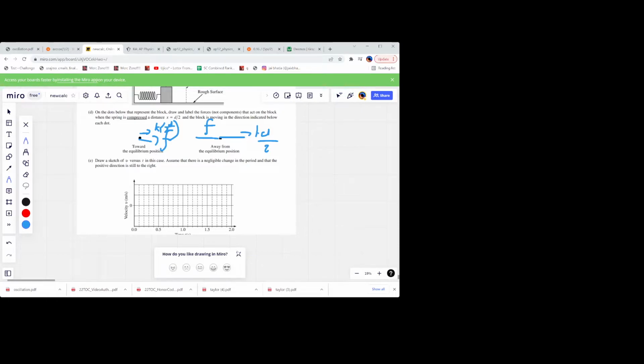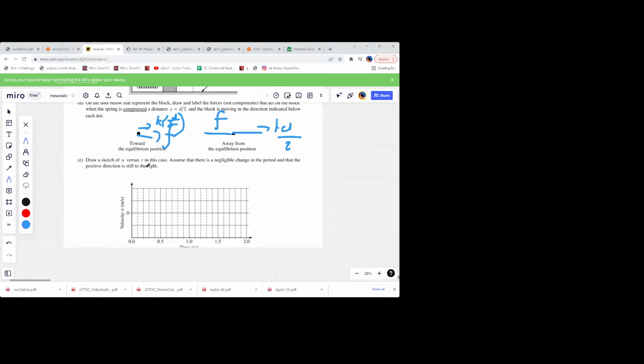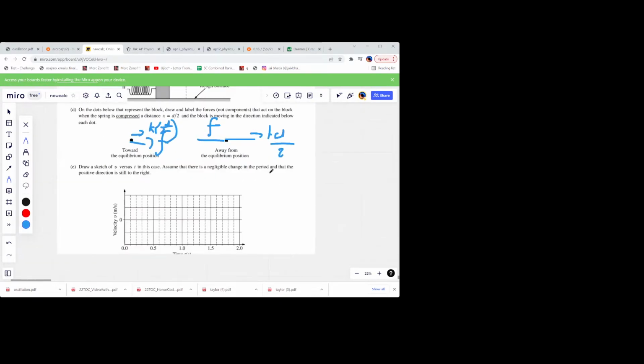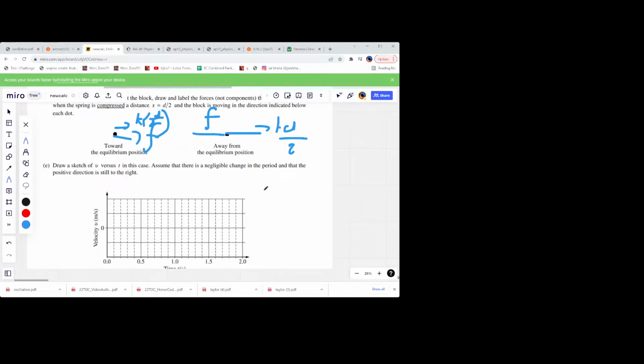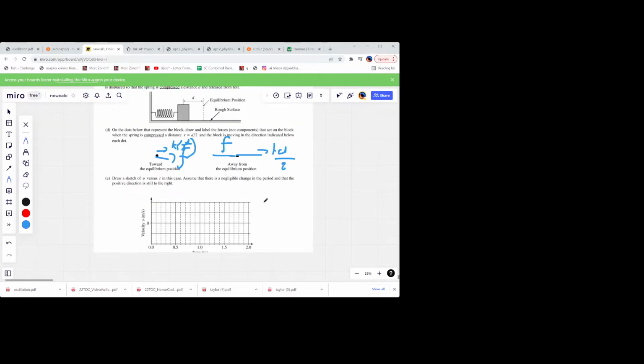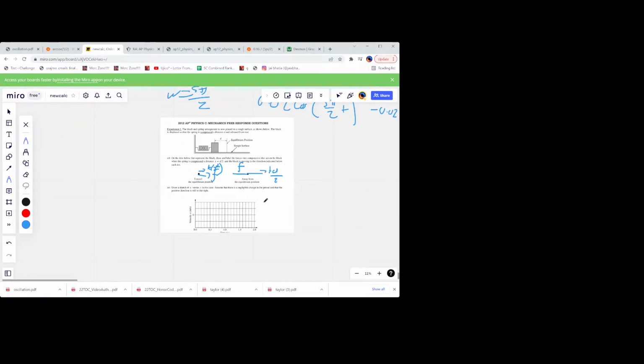Draw a sketch of v over t. Okay, actually what we're gonna do is be a bit more rigorous here. We're gonna actually solve. Wait, v over t, in what case? Wait, what? Is this v over t?